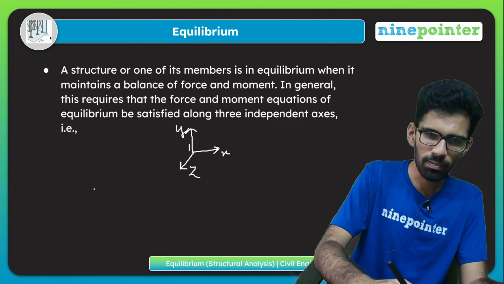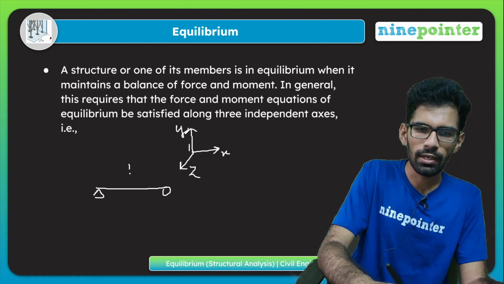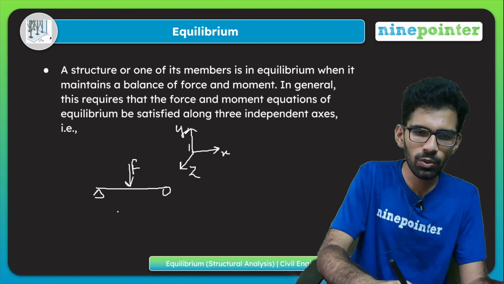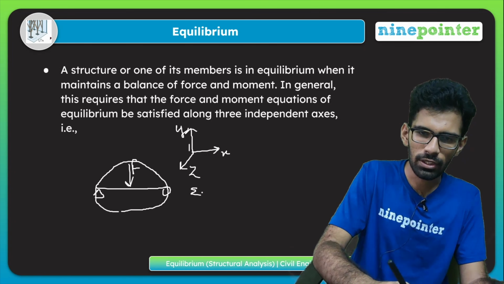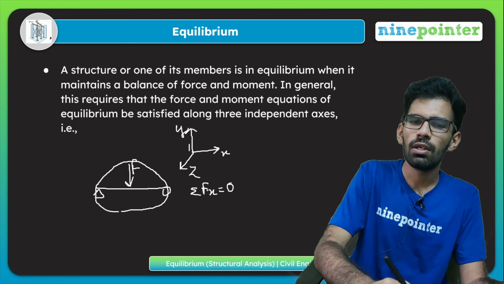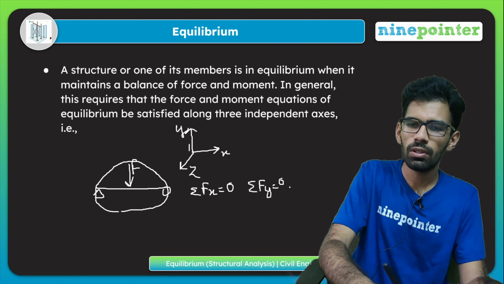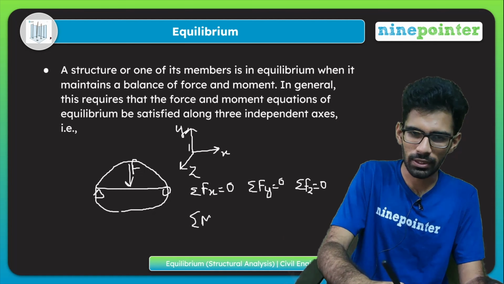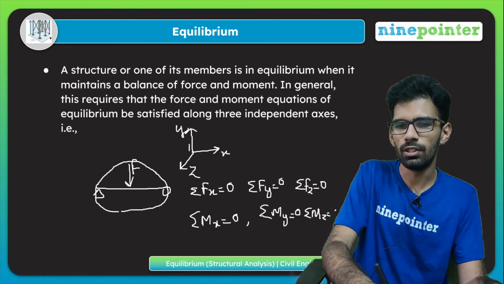So if we have a beam, let's suppose we have a beam and it has force F on it, then what we can say is that this whole structure will be in equilibrium if summation Fx equals 0, summation of forces along x direction equals 0, summation Fy equals 0, summation Fz equals 0, and not only this, the summation of moments along x, y, and z must also be 0, right?